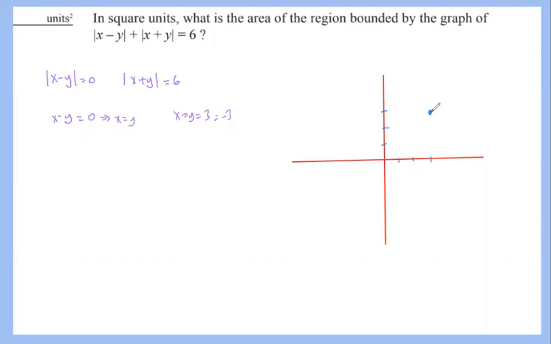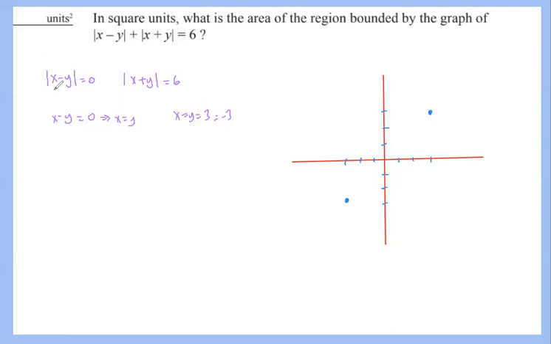So this is one point that will be for sure on my region, on the vertex, I would say. And then we have negative 3 and negative 3, so it will be 1, 2, 3, 1, 2, and 3. You will get something right there as well. We have at least two points.